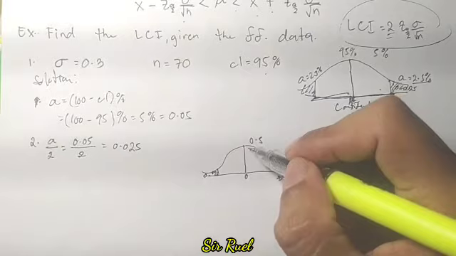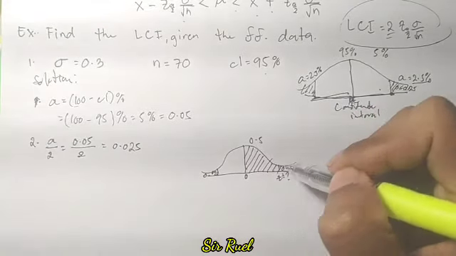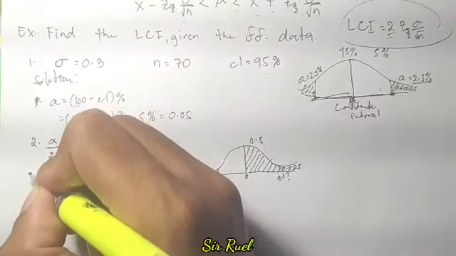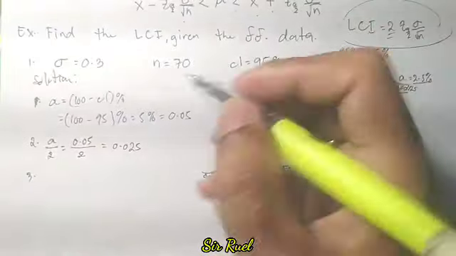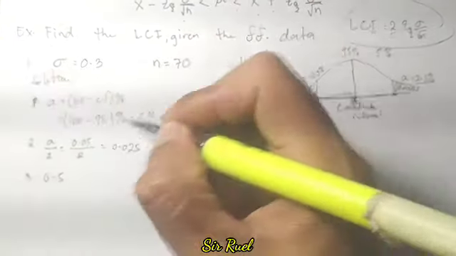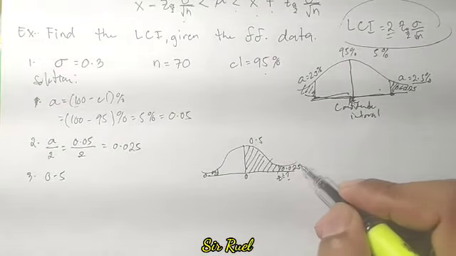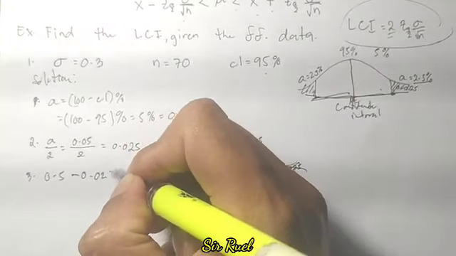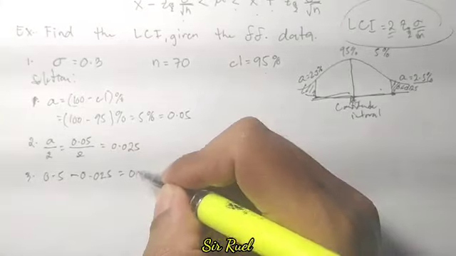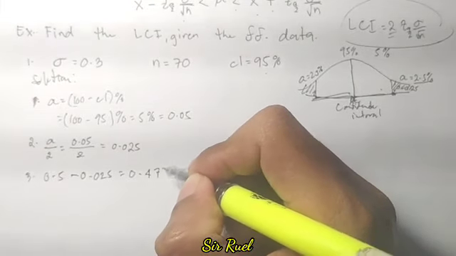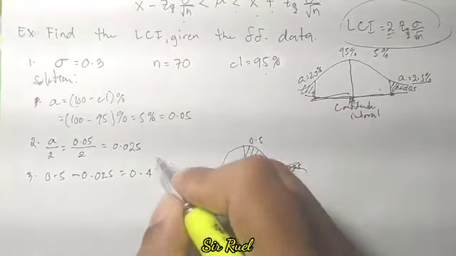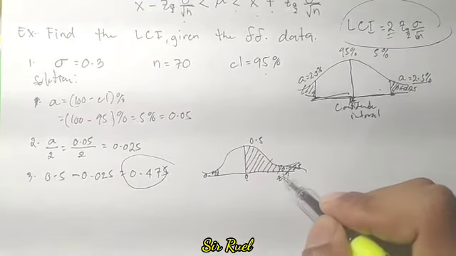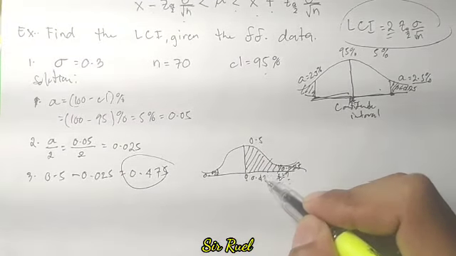Kukunin muna natin yung area nito, yung katabi ng 0. So our next move is that we will subtract 0.5, yung kalahating area, tatanggalin natin itong 0.025. At yung sagot natin is 0.475. Mula 0 patungo dito is 0.475.